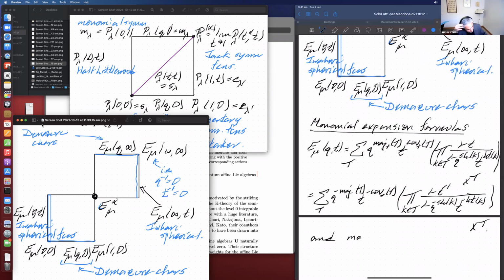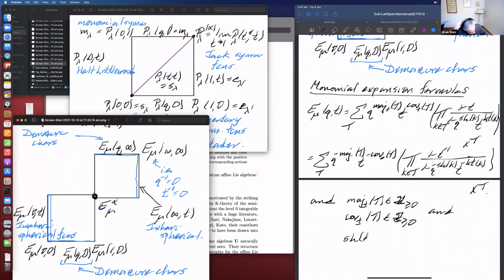You prove that Maj plus and minus of T is always a non-negative integer, that Coinv of T is always a non-negative integer, and that shift and height are always strictly positive integers.